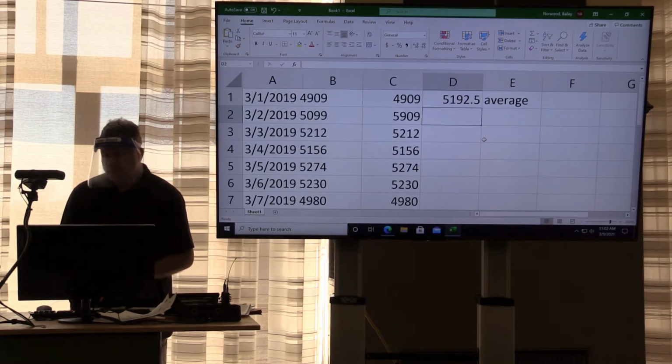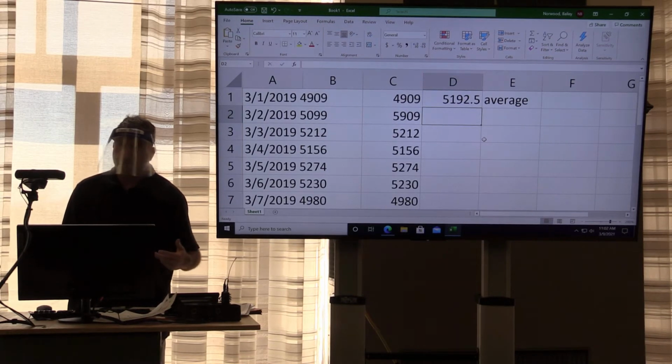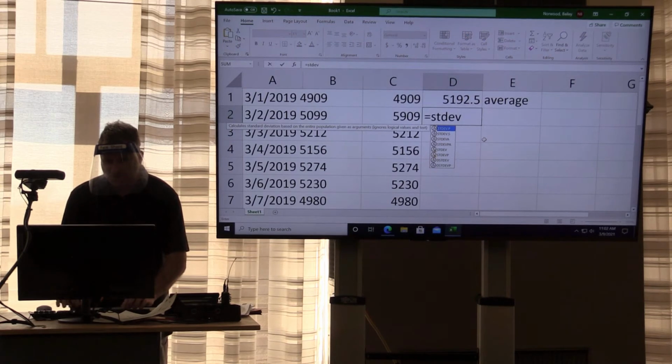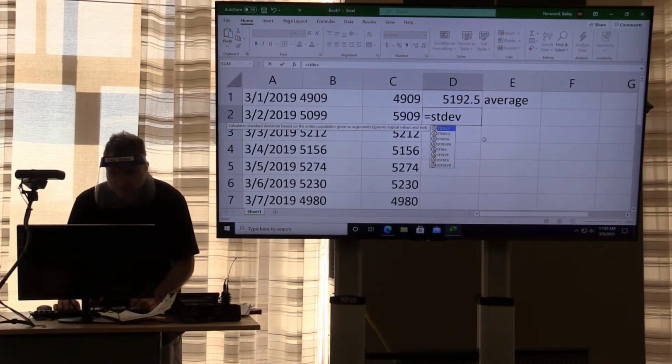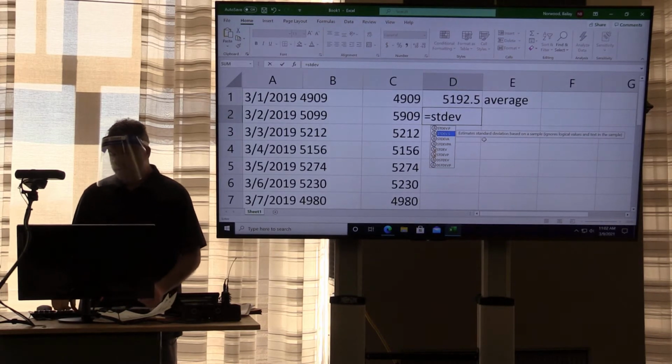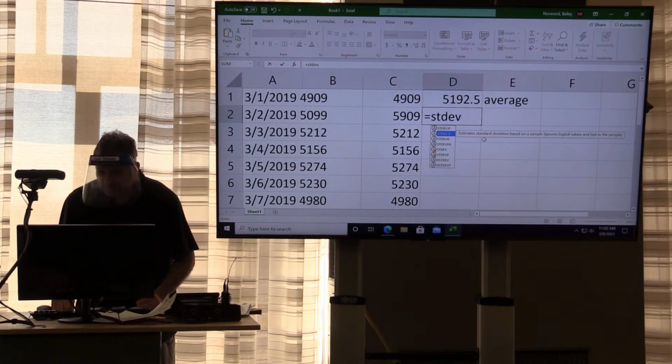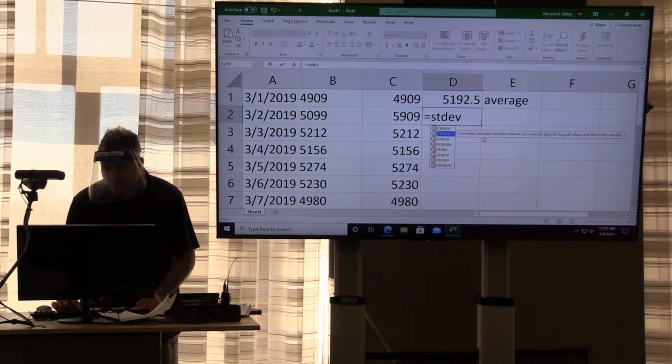And then the standard deviation, if you forget the formula, just Google it. Is it .ev? What's that? Or which standard? I know that there's two. Yeah, there's the sample or population.